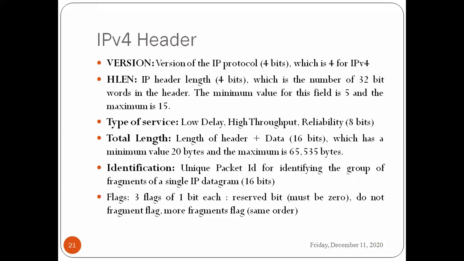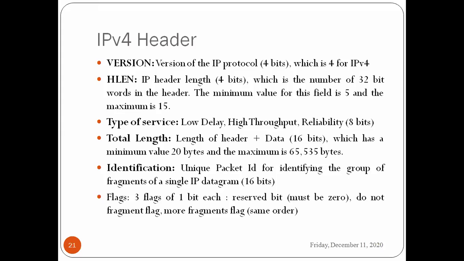The total length is the length of the header plus data. The total is 16 bits, with a minimum value of 20 bytes. As I already told you, one header can handle from 20 bytes up to 65,535 bytes of data in one message.